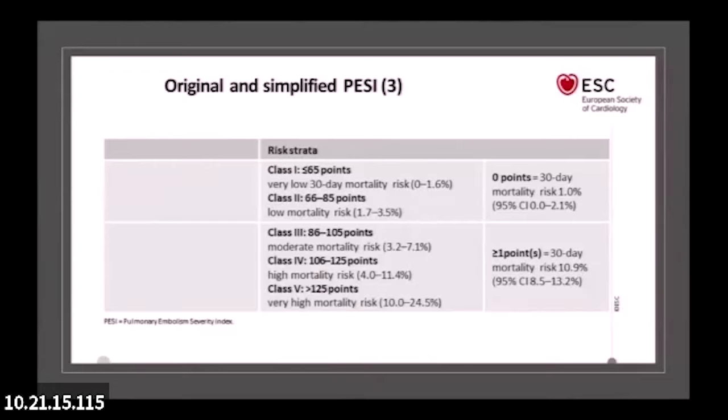Usually, anywhere above class 3 is considered moderate and higher risk. Class 3 is 86 to 105 points. Class 4 is 106 to 125 points. So essentially, anything above 86 is at least a moderate mortality risk. That carries a risk of 3 to 7% 30-day mortality.